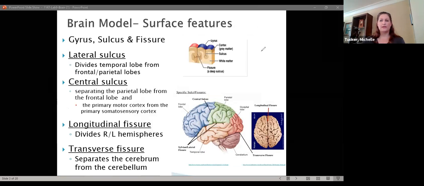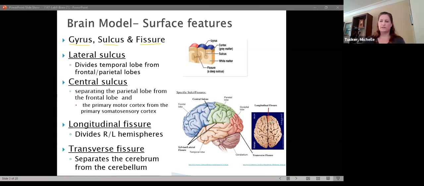When the brain does that folding during development to increase surface area, it creates structures. And you do need to know the names of these three and what they represent. So the gyrus is that surface portion of the fold.